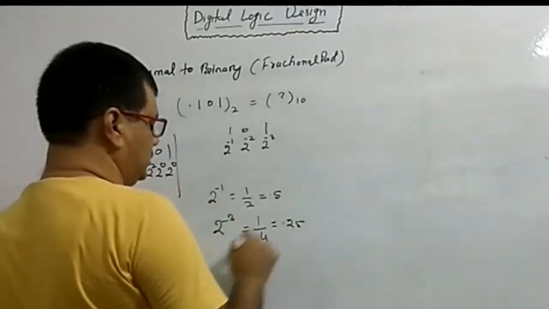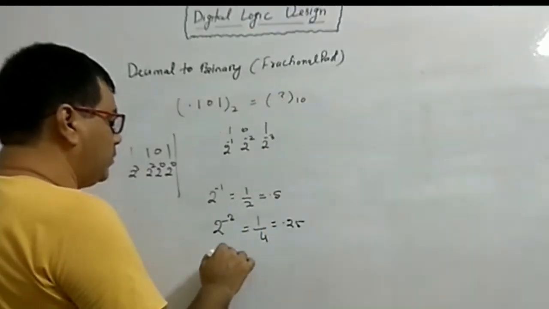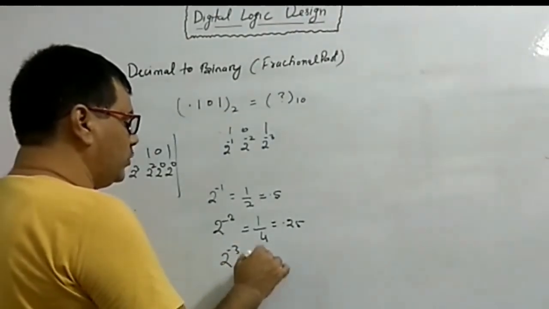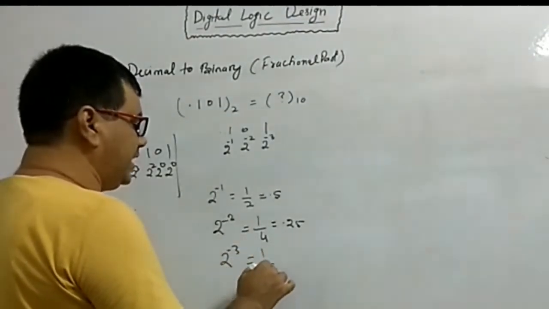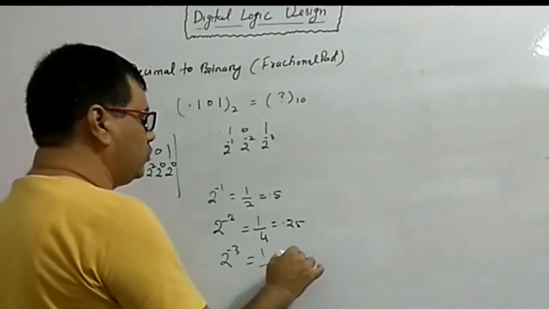And 2 to the power minus 3 is 1 upon 2 cubed, which means 1 upon 8, equal to 0.125.